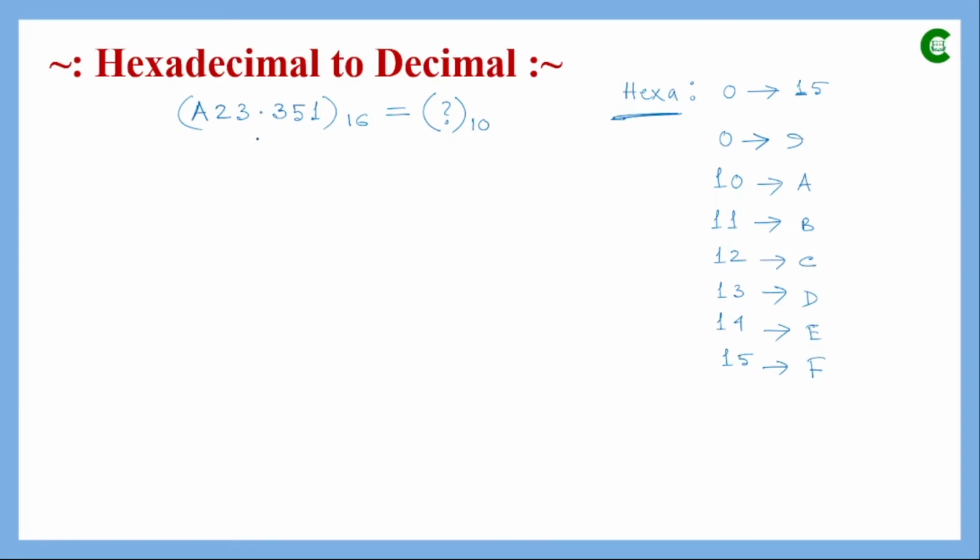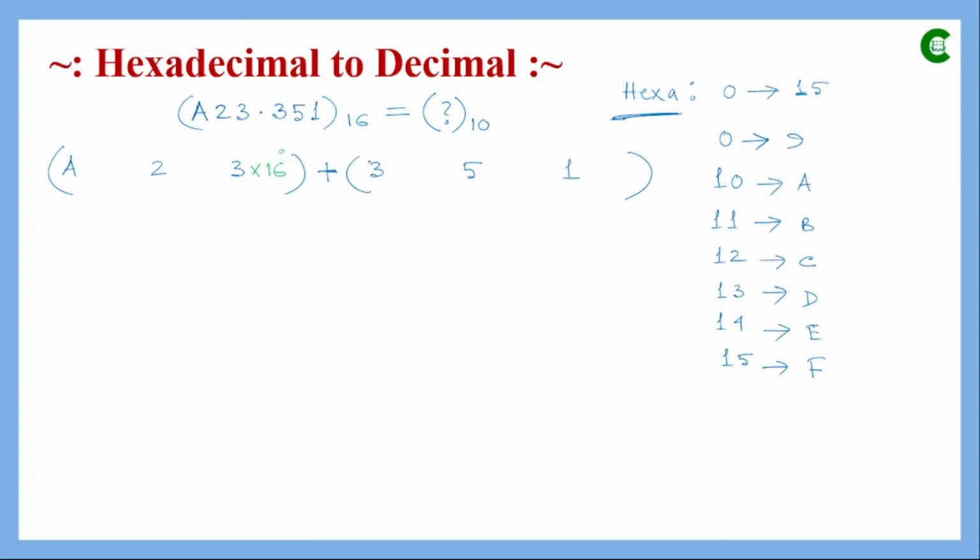So if we look at this number in hexadecimal number system, we can see here that all the digits are within this range only. So now we will convert to decimal number system, and the rule is the same that we have seen in case of binary and octal. So we will first write the digits of the integer and fractional part, and then the digits of the integer part we will multiply by this.